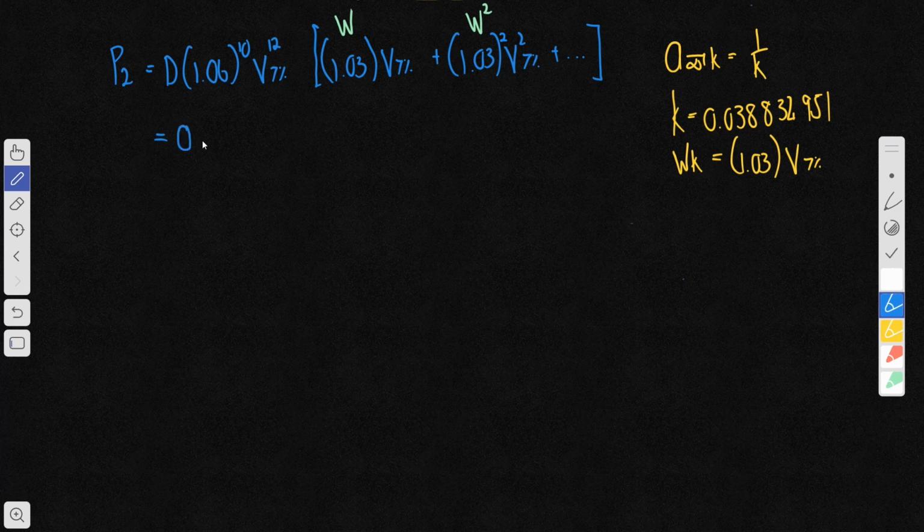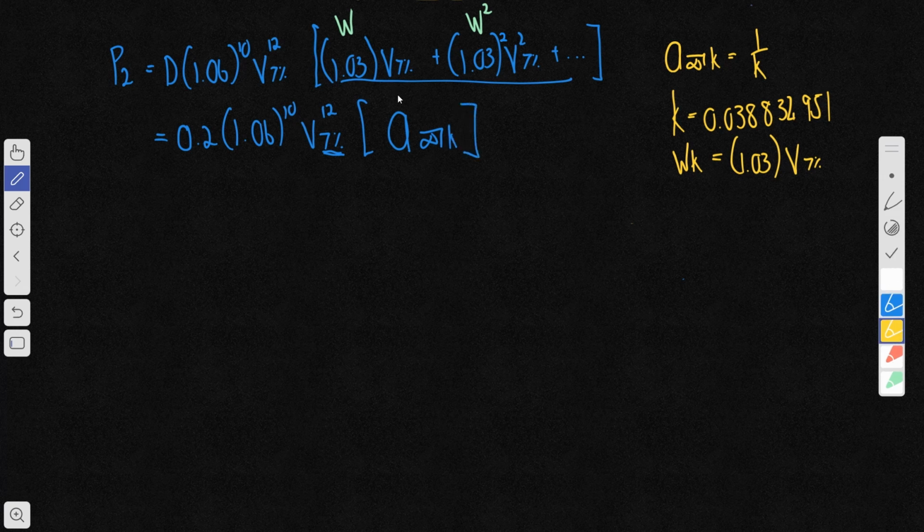We remember that the initial dividend is 20 US cents times 1.06 to the power 10. Importantly, the discount factor that we took out as a common factor needs to use the original rate of return provided by the problem, which is 7%. Then we've just figured out that all of this inside of the brackets can be substituted by an annuity, actually a perpetuity, working off an interest rate of k.